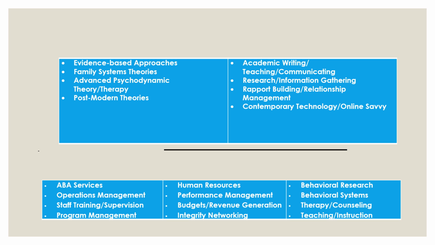And same thing with the top one, that contemporary technology, online savvy. Still important and relevant to being a therapist in private or group practice, but not the most. So you want to kind of move from the most relevant to the, I would say, least relevant, even though it's definitely relevant because all of this is prime real estate. Okay.